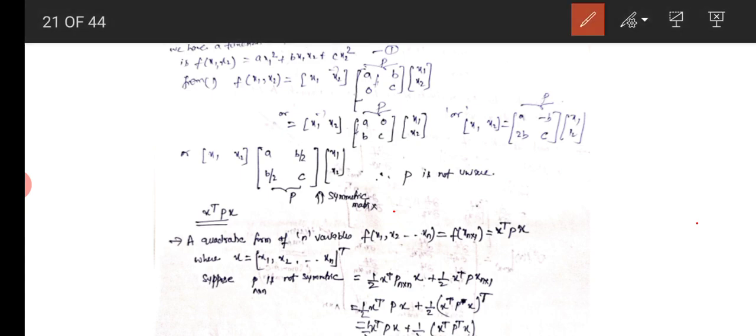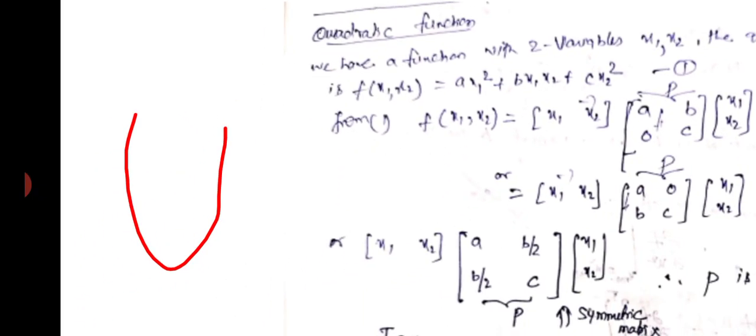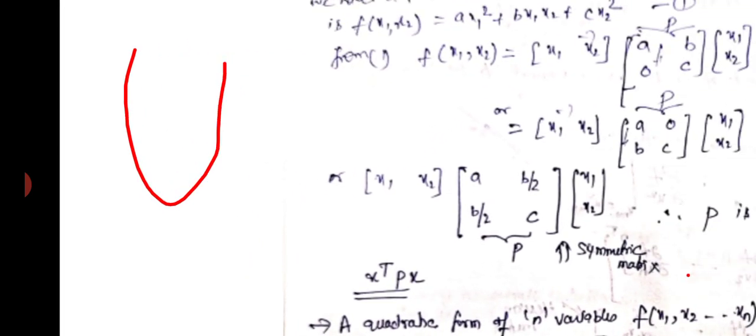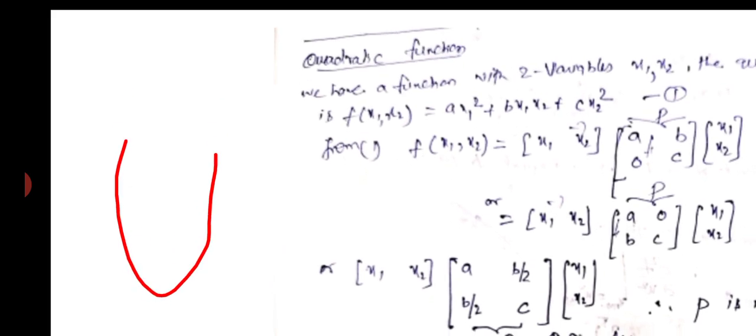So first, what is the meaning of a stationary point? Let's say this is the curve, and I want to zoom out this curve so you can understand it with ease.